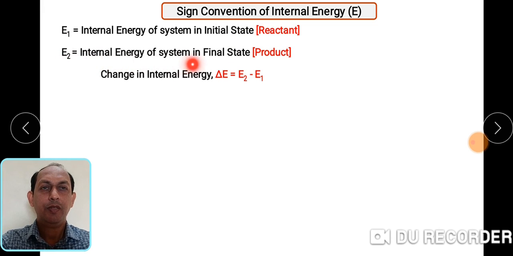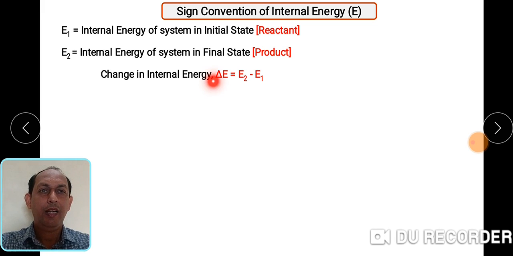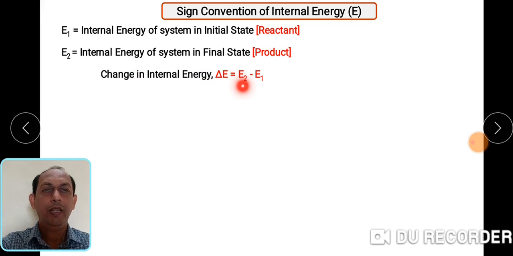E2 is the internal energy of the system in final state. That is product. The energy of the product we will call E2. So basically when we want to calculate the change in internal energy, we take the difference between final state and initial state. So we will write it as delta E. Delta E, the change in internal energy, equals E2, the internal energy in final state, minus internal energy at initial state. So remember, this is how we can represent it.